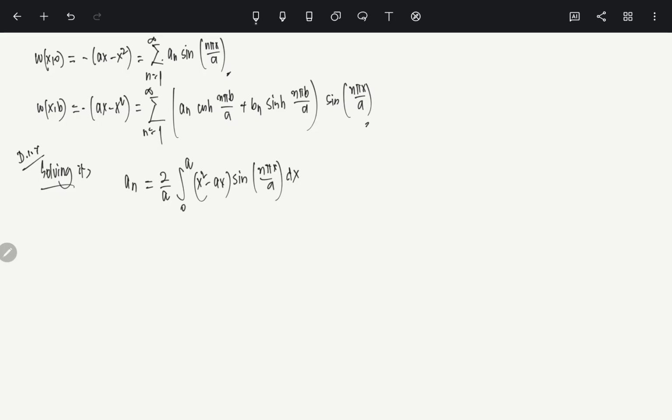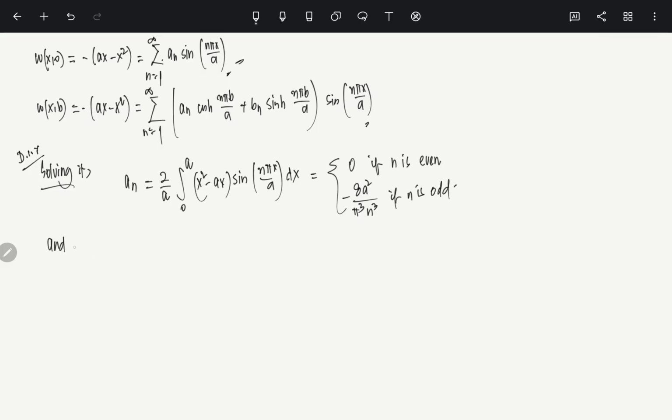If you look at the solution of this, you get that it is 0 if n is even, and it is minus 8a square by pi cube times n cube if n is odd. Clear? Okay. And so this is from the first equation.